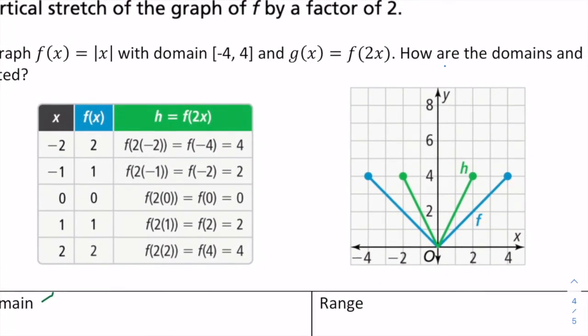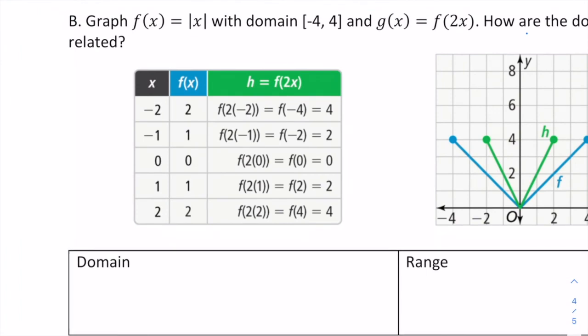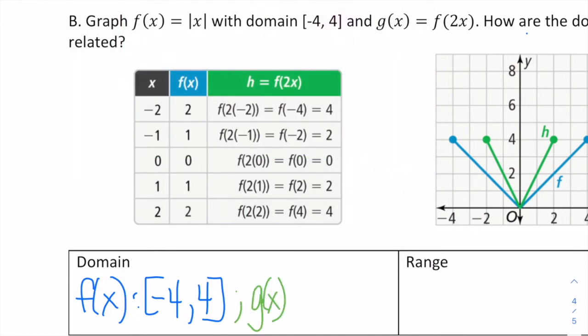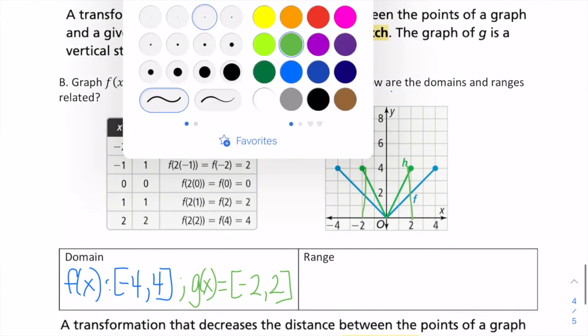And that means that we're having to shrink the domain. The domain is going to be different. So for f of x, the original was negative 4 to 4. But for g of x, the new domain is negative 2 to 2. Nothing changes with the range.